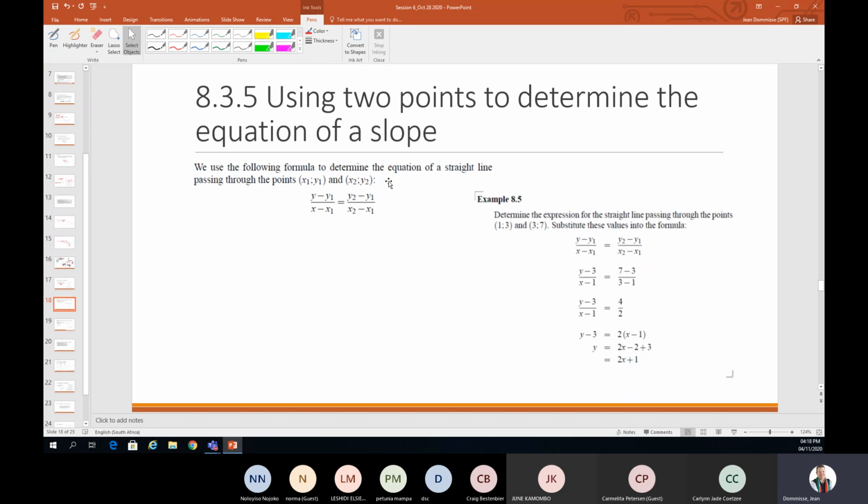But you can see it doesn't matter which way around you do it, as long as it's consistent. And with consistent, I mean, if you say y1 minus y2, do it at the bottom as well, x1 minus x2, because you will get exactly the same answer as saying y2 minus y1 divided by x2 minus x1. Okay.